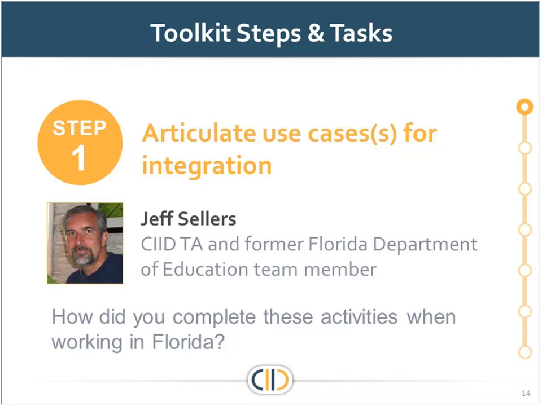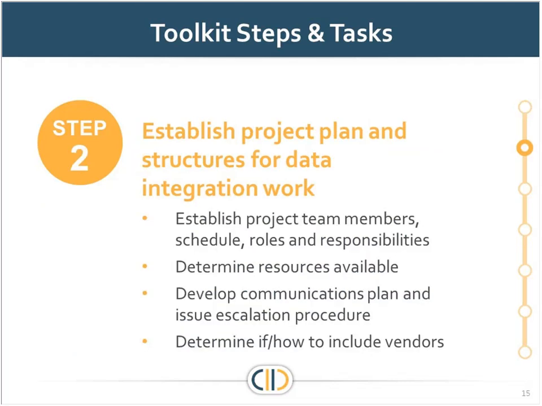Thanks, Jeff. I think that pivots really well into the next step. This first step is really focused on identifying that shared vision, but you may not necessarily have the time or bandwidth from state leaders to be able to define the exact scope of the project itself.